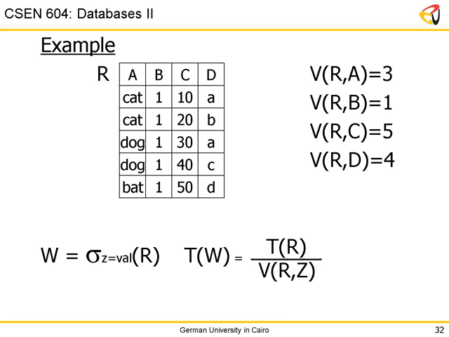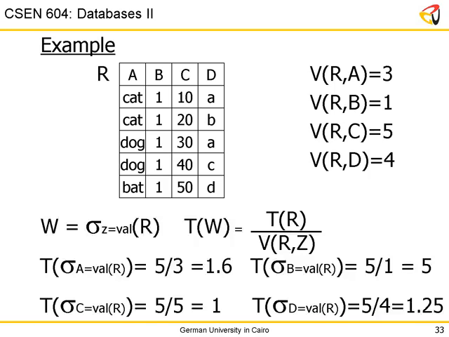But if I just answer 1 over 3, the problem is this does not relate to the size of the table, because this table could have 5 rows like here, or it could have a million rows. Yes, I have 1 of 3 choices, cat, dog, or bat, but that's not good enough, so I'm going to weight it by the total number of rows. I multiply it by the total number of rows, and this is applicable to all columns.